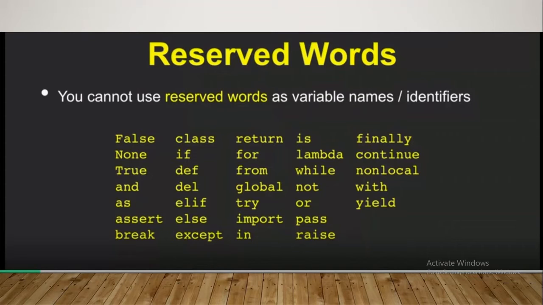Reserved words. I have already introduced this term in the last video, also known as keywords. These are keywords which we cannot use as variable names. We will discuss the variable topic in the next few topics. There we will have some rules for choosing variable names.